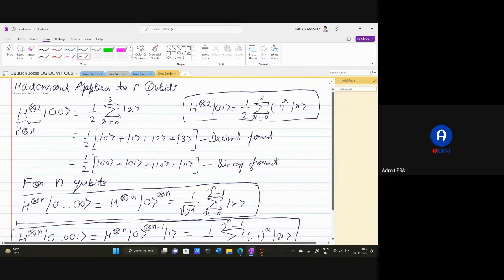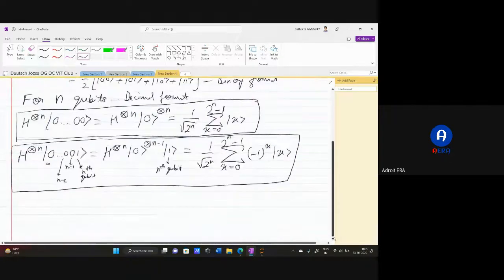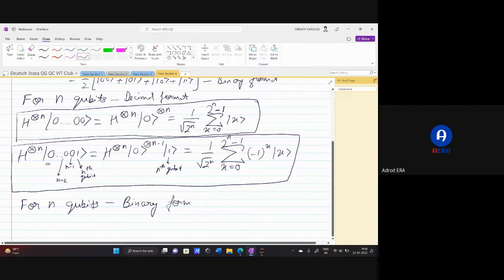Similarly for n qubits, this is the decimal format, and now let us see the binary format, or binary notation.